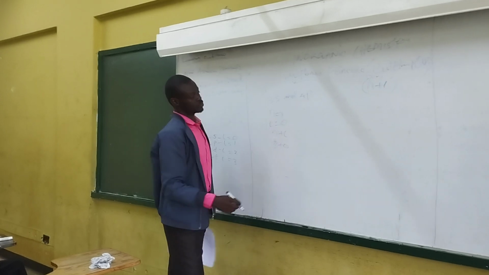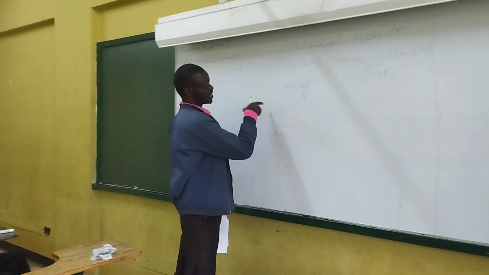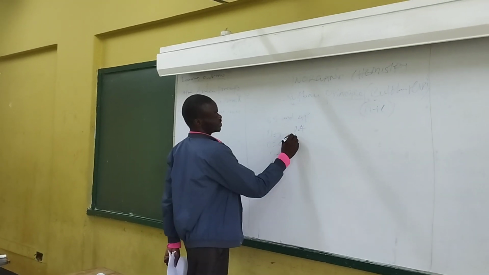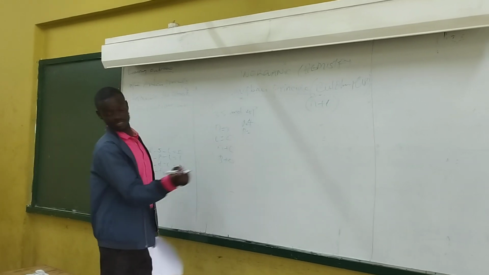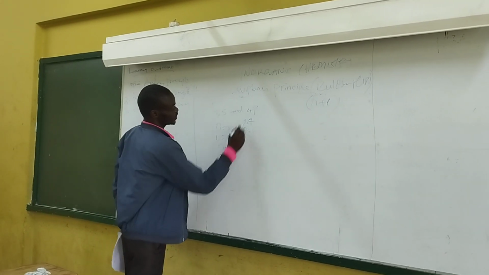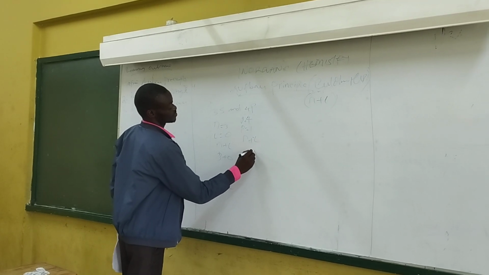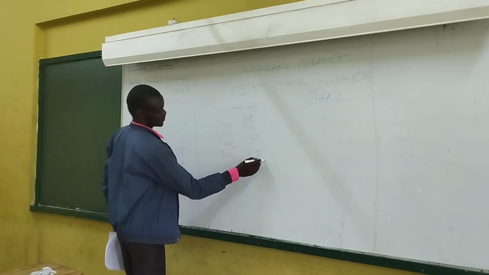To p, let's come to p. Our n value is 4, and our l value for p is 1. So n plus l is equal to 4. So here it is 3, here it is 4.